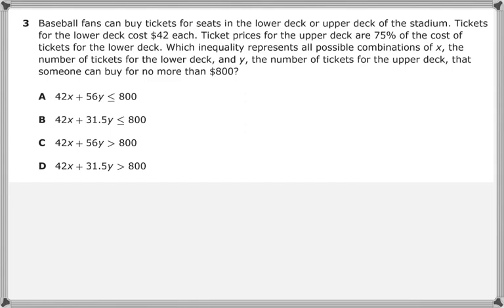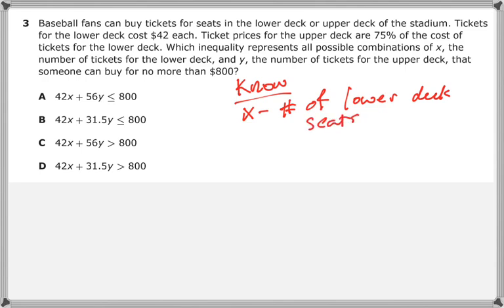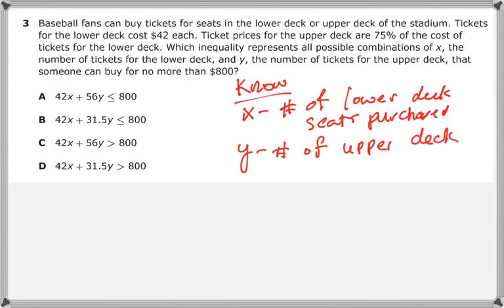Okay, so let's go ahead and write down the things that we know for sure. We know that x represents the number of lower deck seats purchased, and y is going to be the number of upper deck seats purchased.